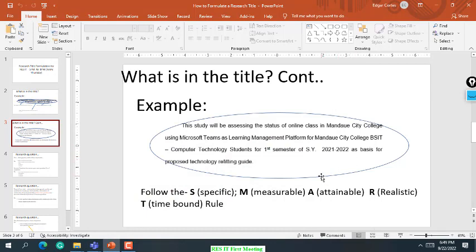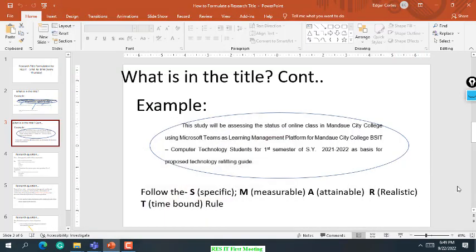So in the title, for example, the study will be assessing the status of online class of Mandawi City College. This is the first paragraph in your statement of the problem. So we will follow the SMART rule. Something SMART.